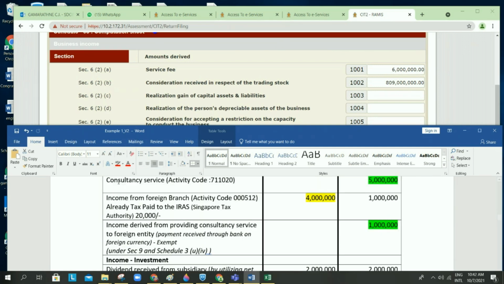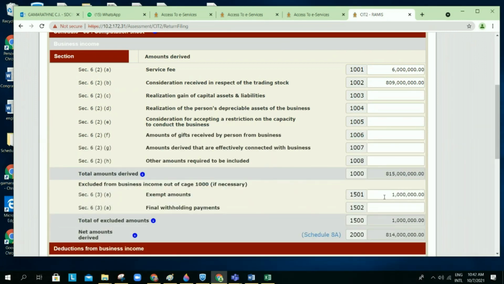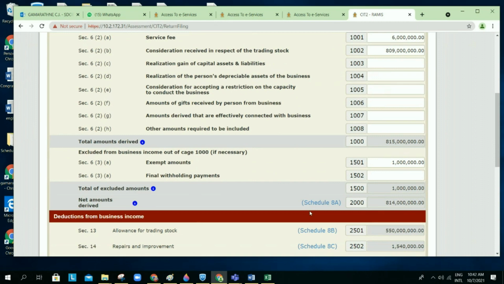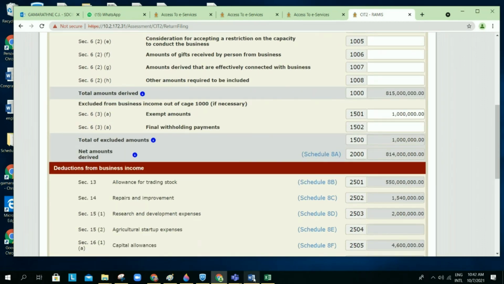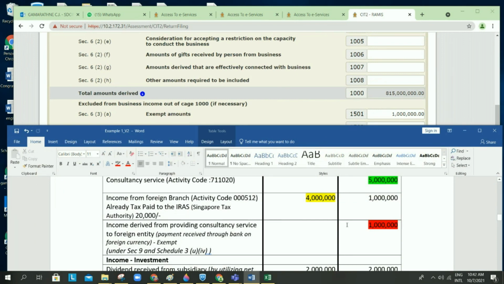Then based on this, we identified 1 million exempt amount available due to providing the foreign consultant service. They would receive the service in remittance through the foreign entity through the bank in foreign currency. Therefore, it is taken as an exempt amount, right?